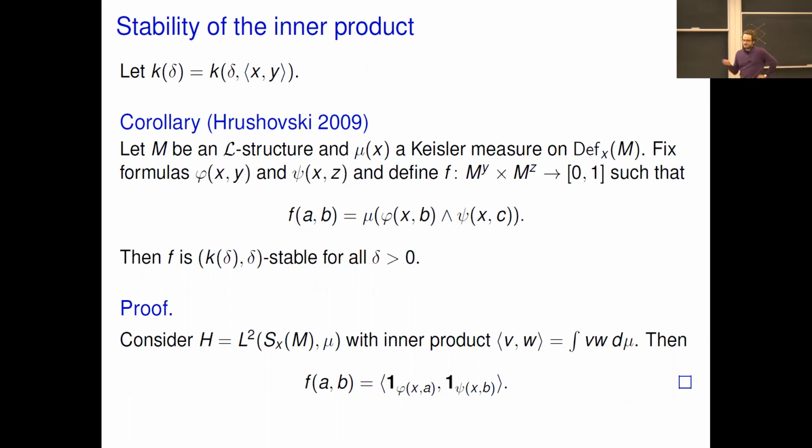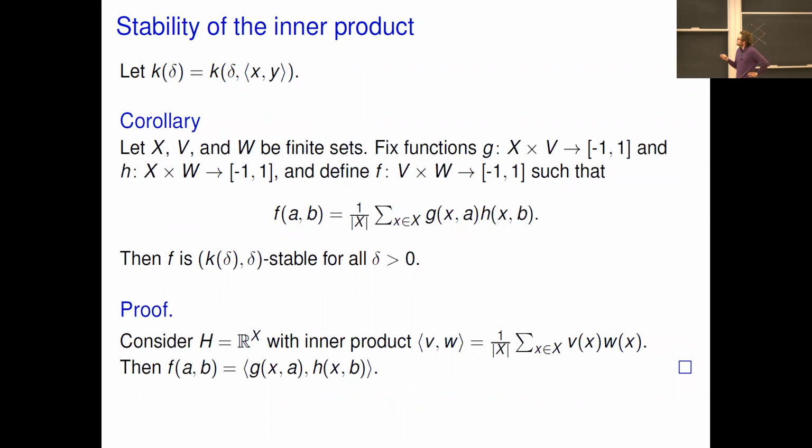And now for the audience that is less model theoretic and more combinatorial, we can recast this as giving examples in the finite case. So again, the same k of delta. Here's now a way to purely combinatorially build stable functions from finite sets.